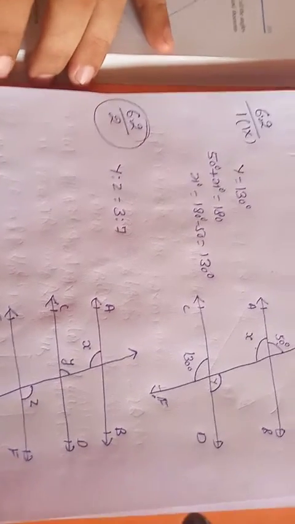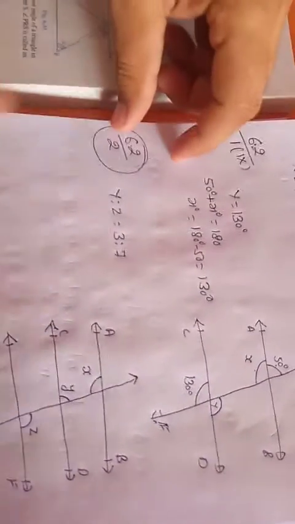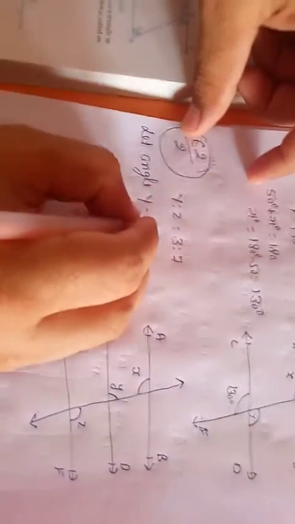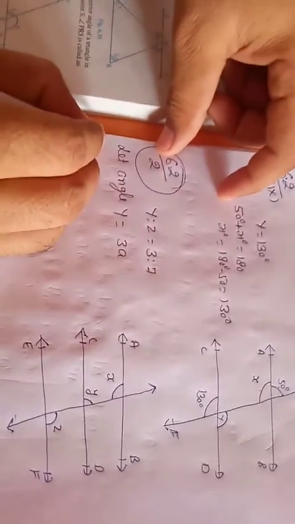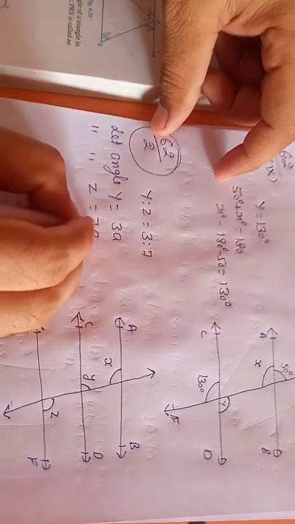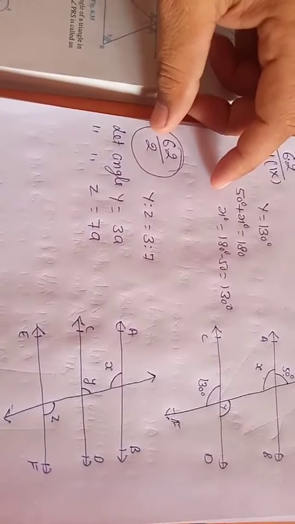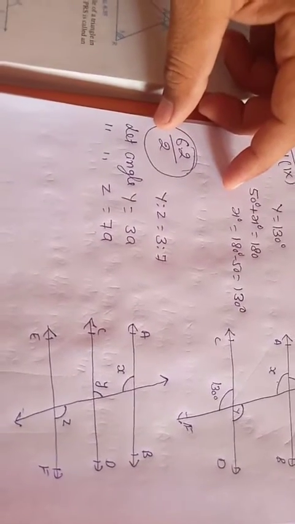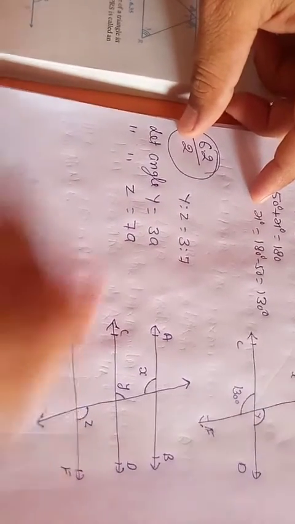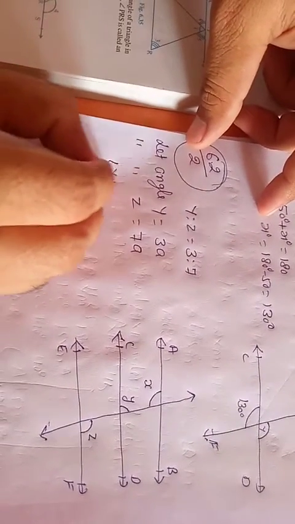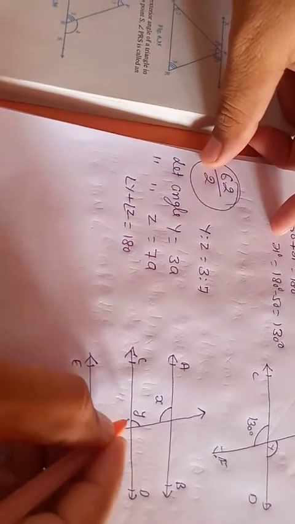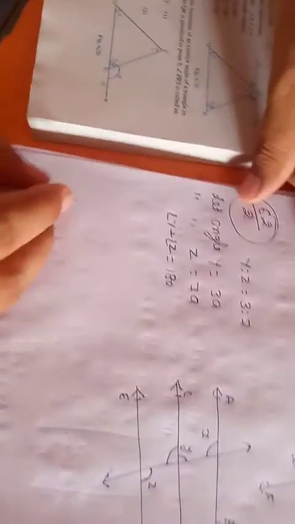3 to 7. So you can say let angle Y equal to 3A, let angle Z is equal to 7A. Understood? So what you can say? Angle Y plus angle Z is equal to 180 degree. If this is Z, this also Z. Why?